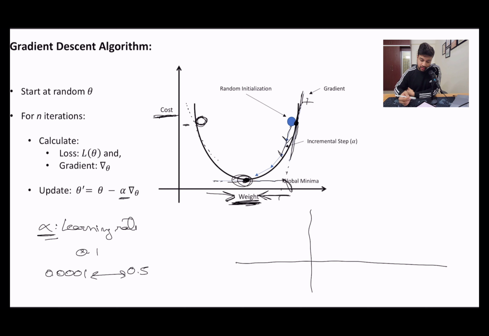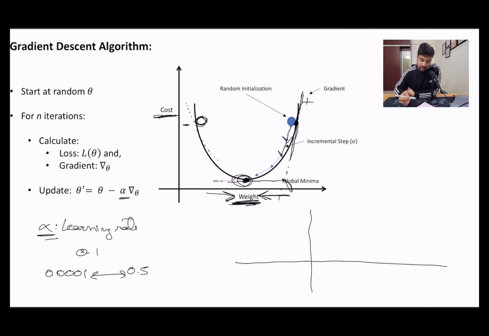So if you see these arrows here, why is this arrow this long? Why is this arrow not all the way down, or why is this arrow not very small? We'll see the different scenarios also: what happens if your step size or learning rate is too large, or too small. But the idea here is that it's a hyperparameter.